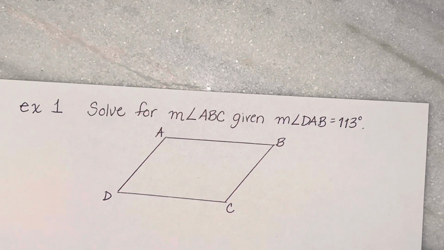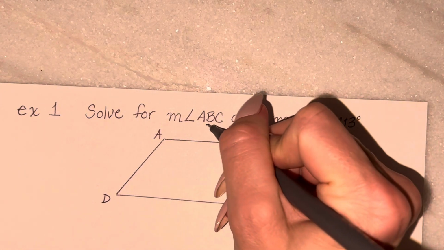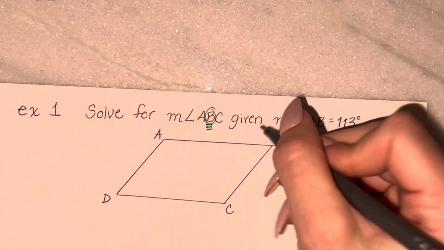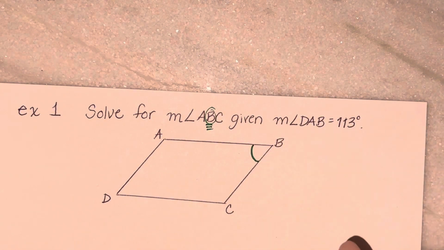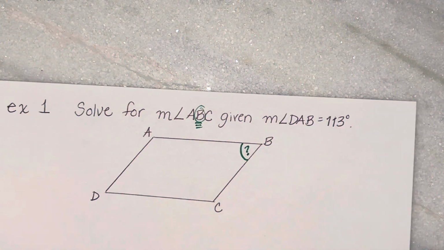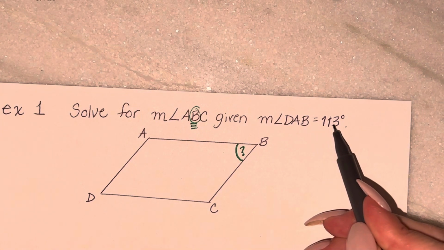We've got solve for the measure of angle ABC. So the first thing I need you to do is figure out what angle ABC is. Remember, we want to focus on that middle letter B. So angle ABC is this one right here. So I'm going to put a question mark there. And it tells us that angle DAB is 113 degrees.